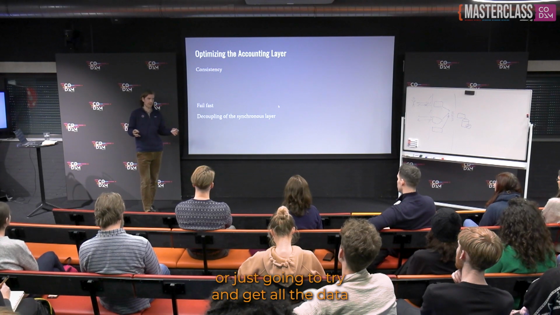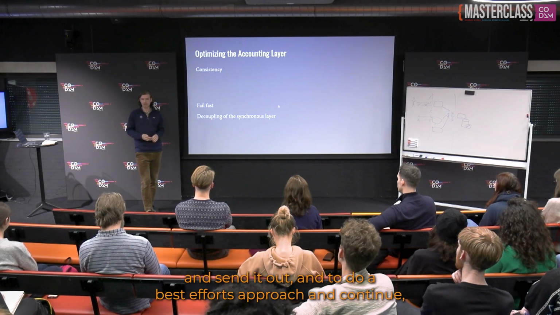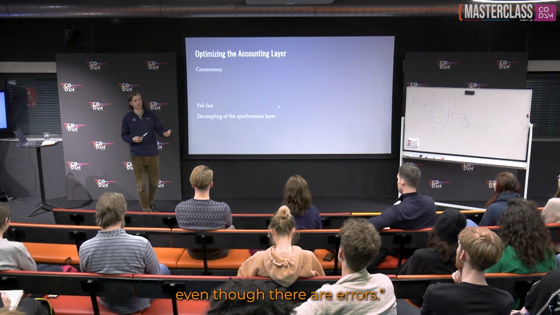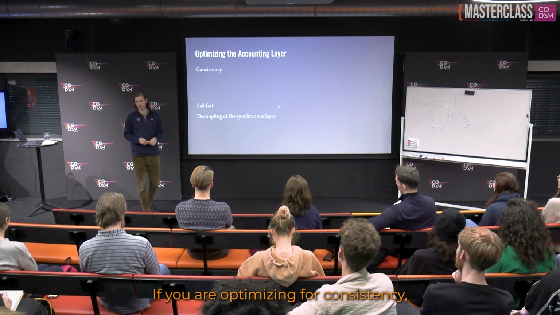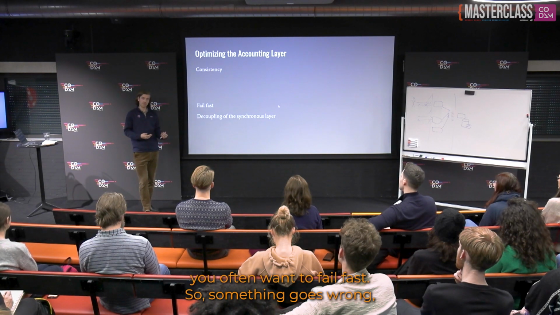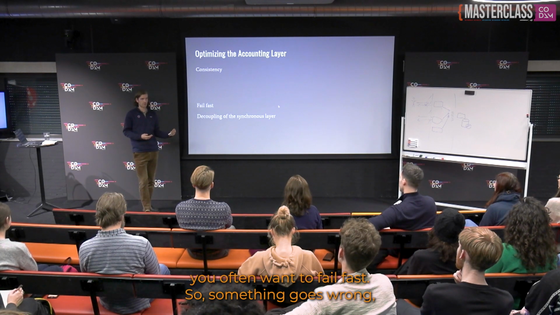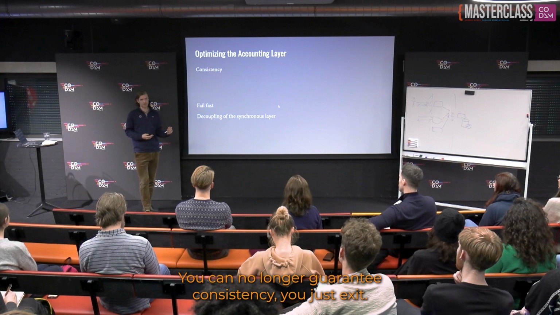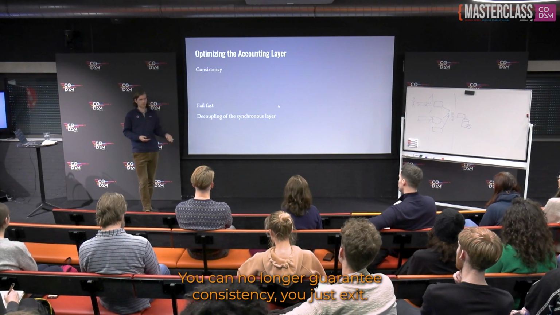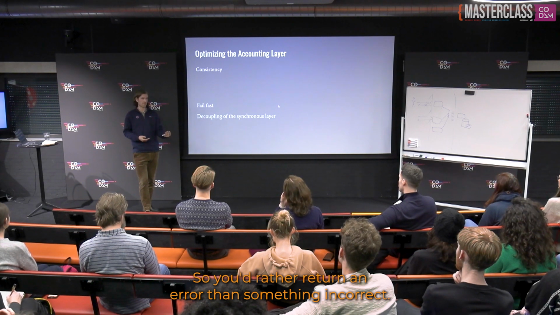Or just going to try and gather all the data and send it out and do a best effort approach and continue even though there are errors. If you are optimizing for consistency, you often want to fail fast. So something goes wrong, you can no longer guarantee consistency, you just exit. So you'd rather return an error than something incorrect.